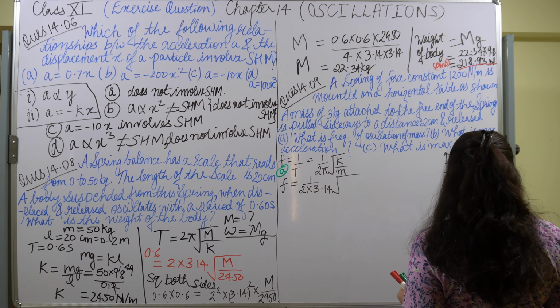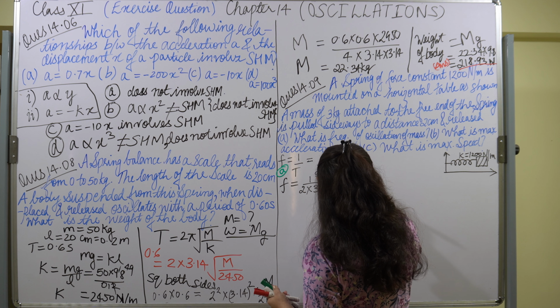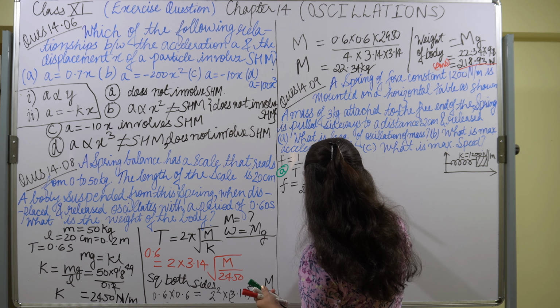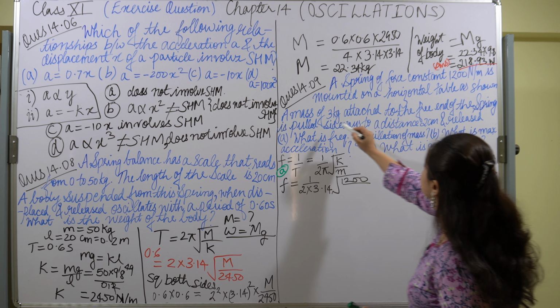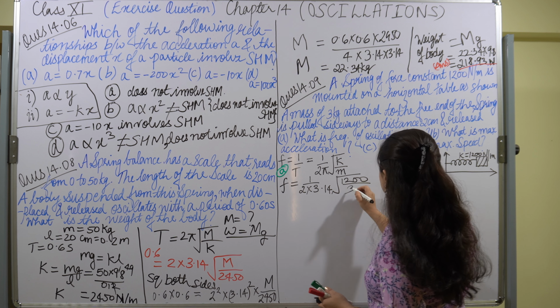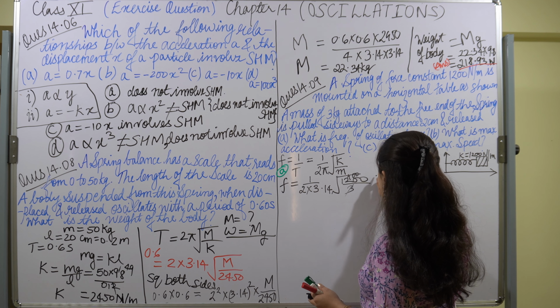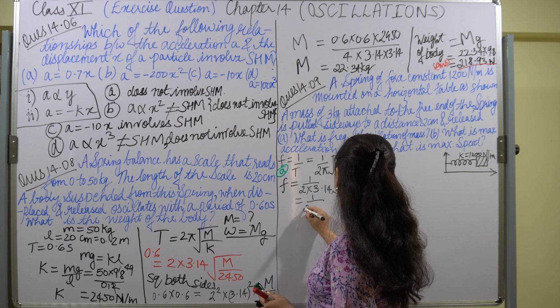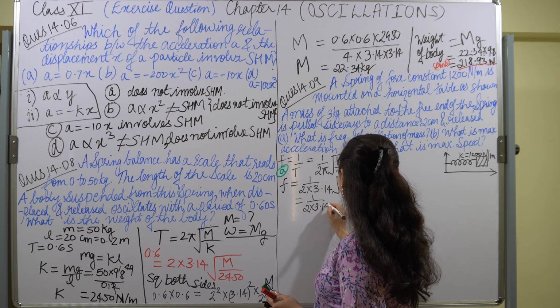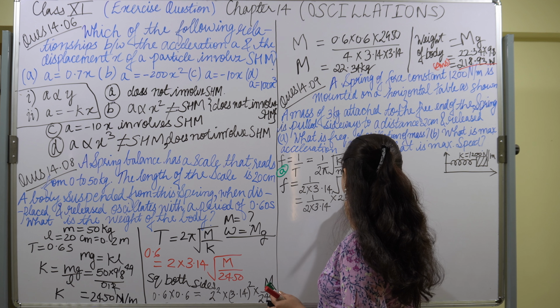The K value is given to us as 1200 and mass is given as 3 kgs. So it will get cancelled and we will get 1 upon 2 into 3.14 into 20.